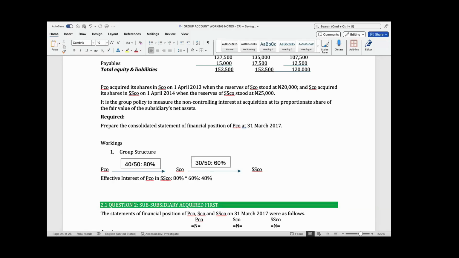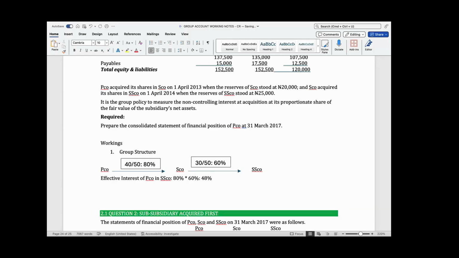That will give me 48%. And if the parent has 48% in SSCO, then the non-controlling interest in SSCO is simply 100% minus what? 48%, and that is 52%.